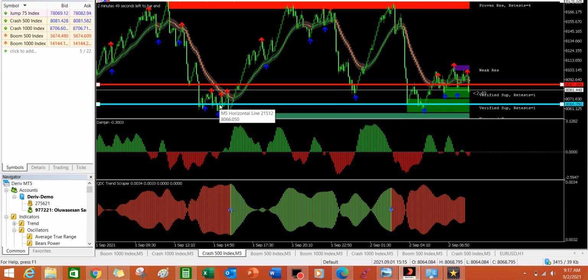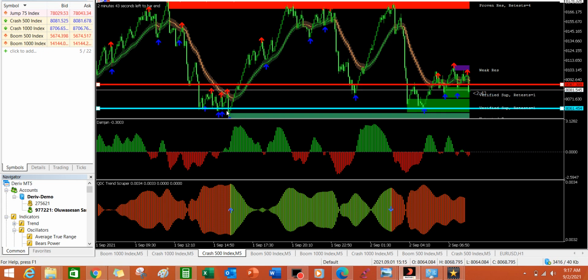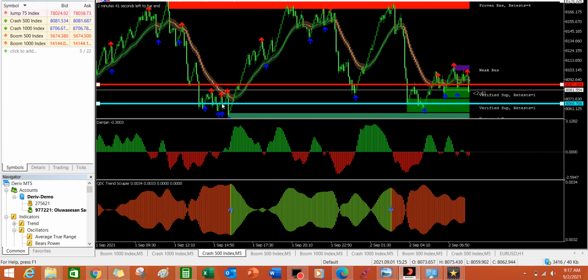But what if it didn't reverse back to where your stop loss is? Where can you close your trade? You can close your trade once you notice that the trend has come to an end. Right here the trend actually came to an end on this support zone, so you can close your trade here. That means you are gaining 100% of your profit at that particular point.